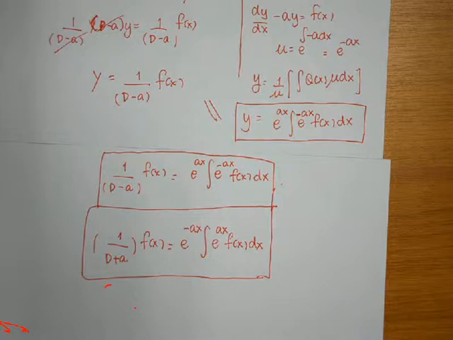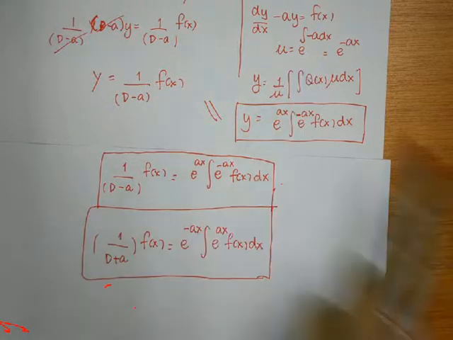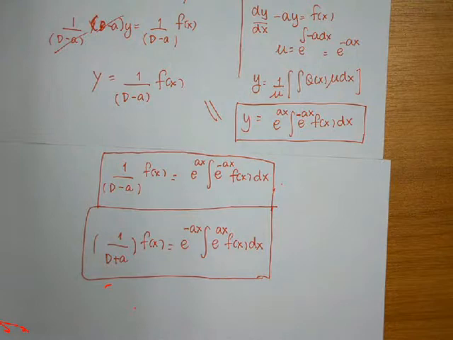Do you know the meaning of 1 over D minus a times f(x)? And you know the meaning of 1 over D plus a f(x)? So whenever you're writing down the differential equation in the term of operator D, then you just use this definition to find the answer for it.